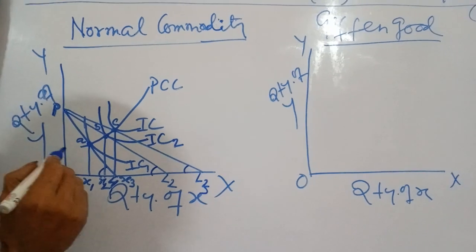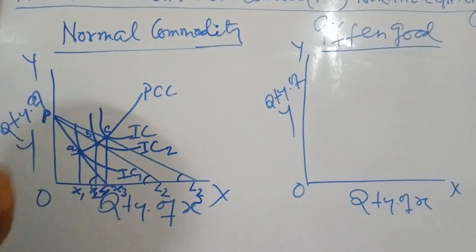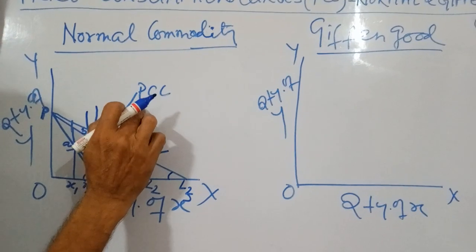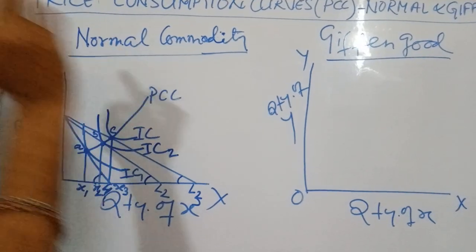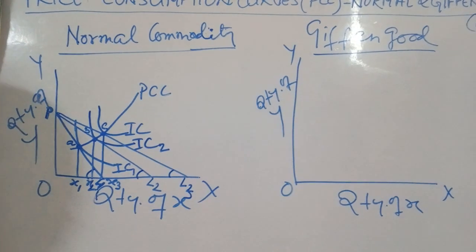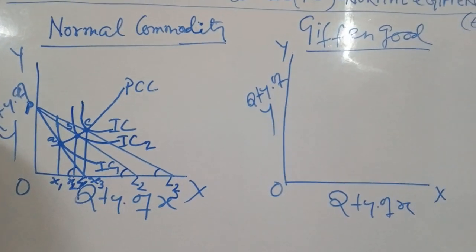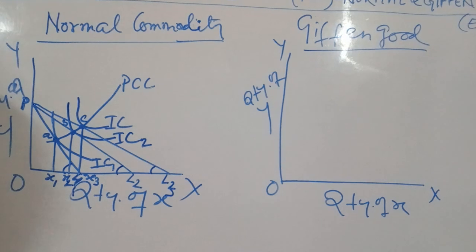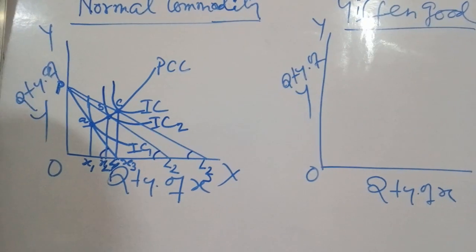That is why the price consumption curve is upward sloping. This is the shape of the price consumption curve for a normal commodity, when, as a result of a fall in price of a commodity, the consumer increases consumption of that commodity.